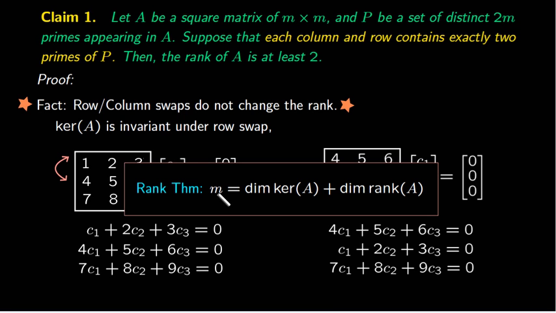M is the dimension of this map going from an m-dimensional space to another m-dimensional space. The dimension of the domain is the dimension of the null space plus the dimension of the rank. As we swap, this doesn't change, not even the dimension, but the kernel itself doesn't change. Therefore, the rank doesn't change either.